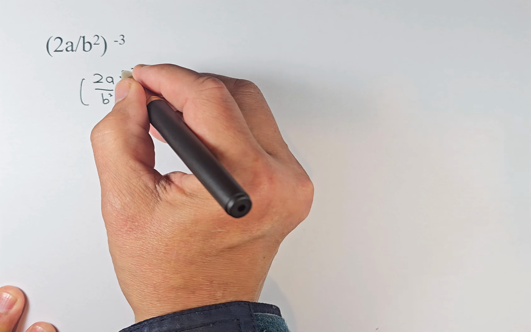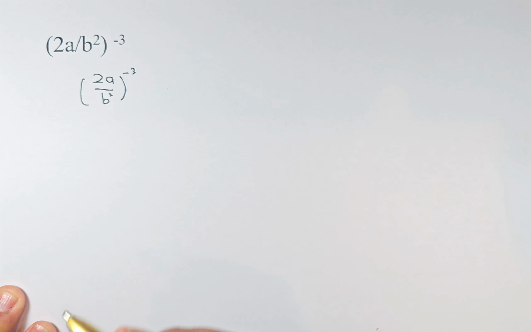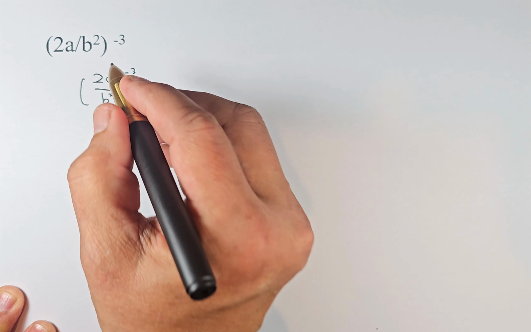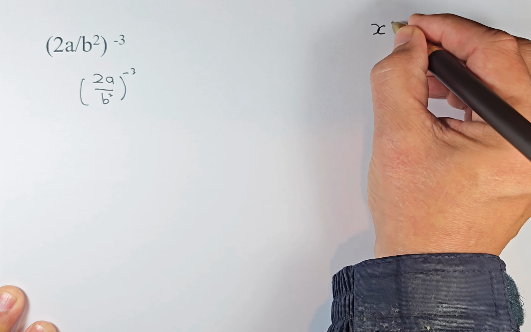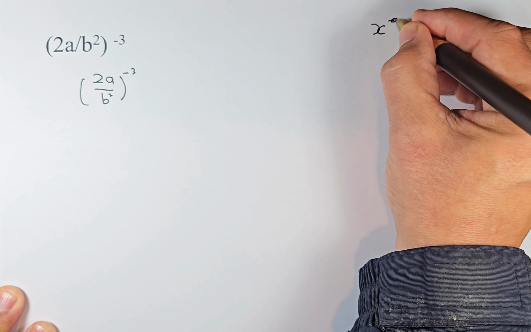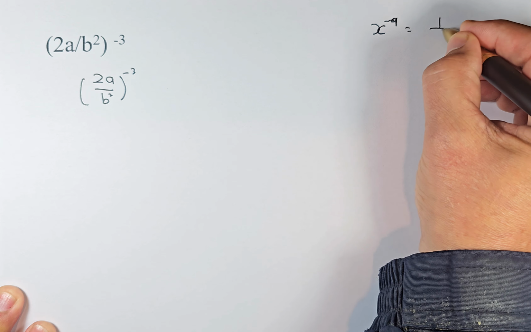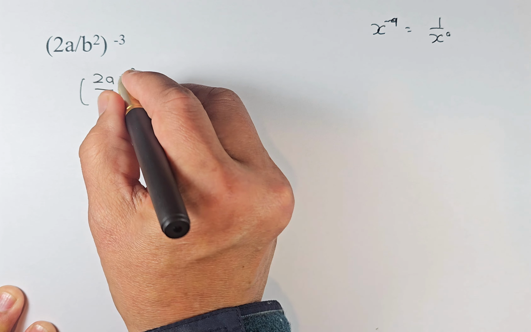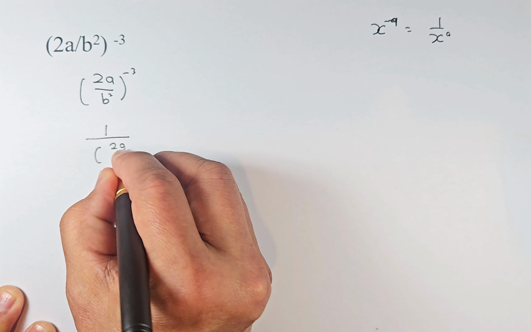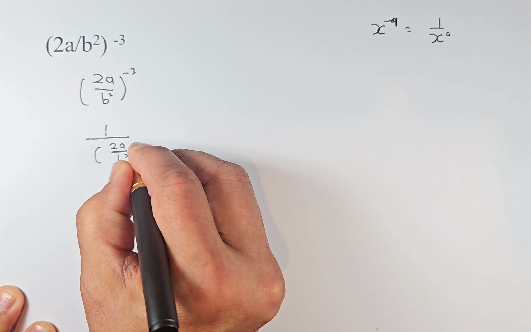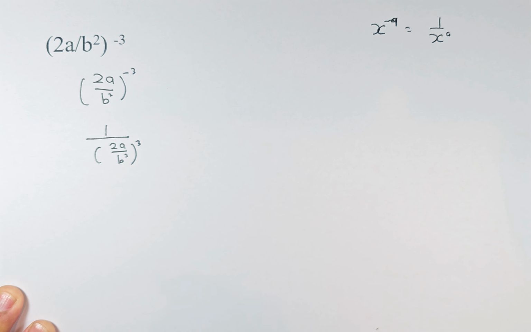To get rid of the negative power, so that your answer is all in positive power, you need to use the formula: x to the power of minus a is 1 over x to the power of a. So if it's minus 3, it's going to be 1 over (2a over b squared), and you just cube it. Cubing is simple.